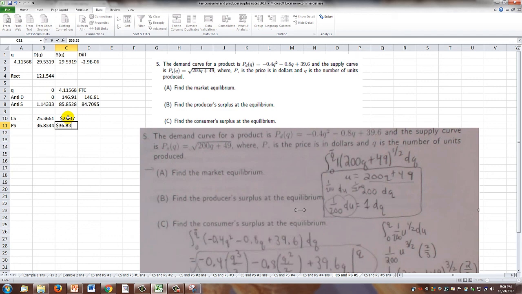Okay, so again, to play around with the units, if this Q had said it was units in hundreds, or if this price had said dollars in hundreds, the actual consumer surplus for that type of problem would be $2,536.61, and the actual value for the producers would be $3,683.44. So, since this one doesn't have that unit deal, I wanted to talk about it.